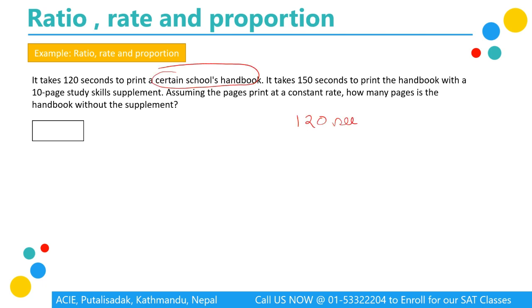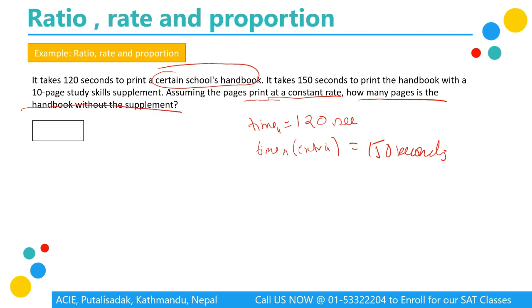And it takes 150 seconds to print the handbook with a 10 page study skills supplement. So this is the time for a handbook along with certain extra things. So when there are extras it takes 150 seconds. Assuming the pages print at a constant rate, how many pages is the handbook without the supplement?